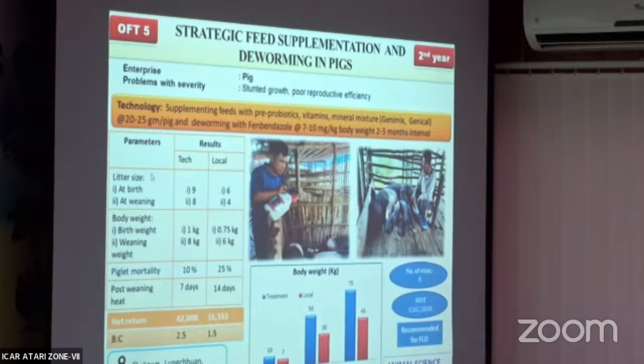When we observed the parameters, with respect to litter size, body weight, and pre-weaning mortality, as against the local practice, the technology demonstrated yielded better results, and the BC ratio was much improved at 2.5 as against 1.5. Since we have completed the second year, this may be recommended for FLD by this house.